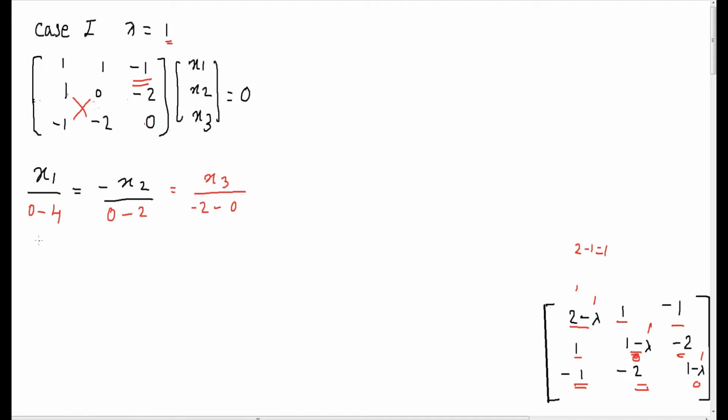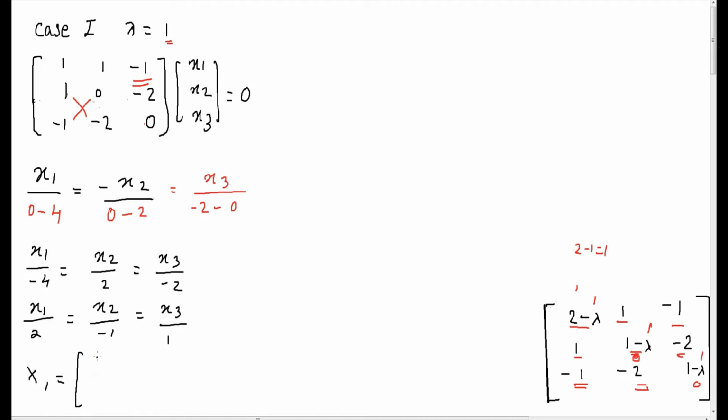Eliminating common factor minus 2 from denominator, then we get x1 by 2 equal to x2 by minus 1 equal to x3 by 1.